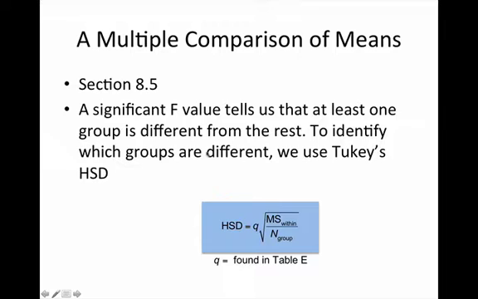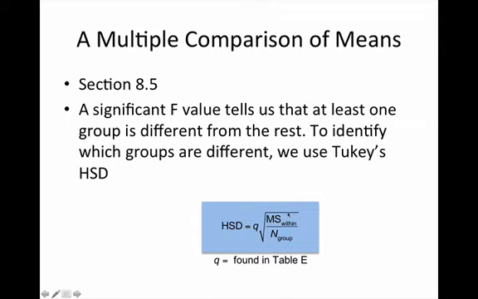Now, this procedure is detailed in section 8.5, but what I want you to remember is that a significant F value just tells us that at least one group is different than the rest. In order to identify which group is different, we have to use this procedure which we're calling Tukey's honestly significant difference test. And so this is found by taking our value that we get from the analysis of variance source table, the mean square within, and dividing it by the number of groups that I have.